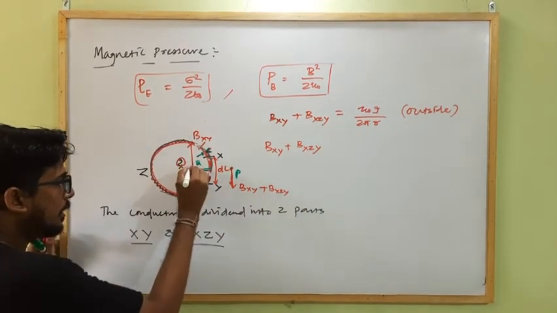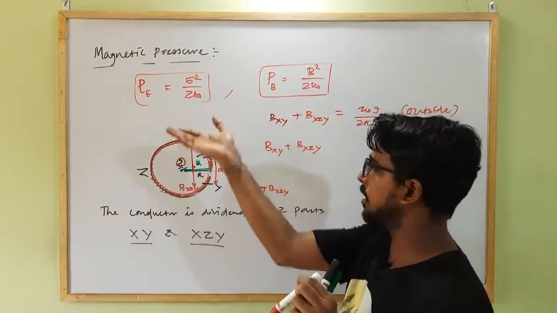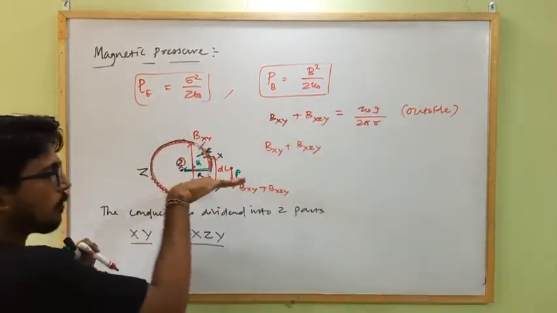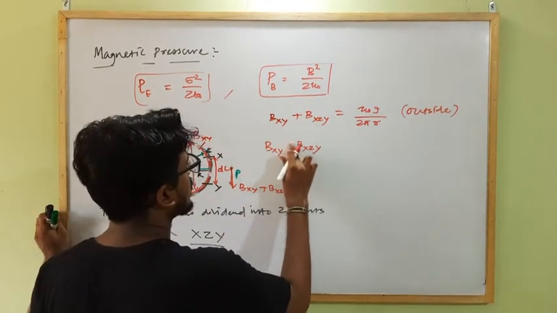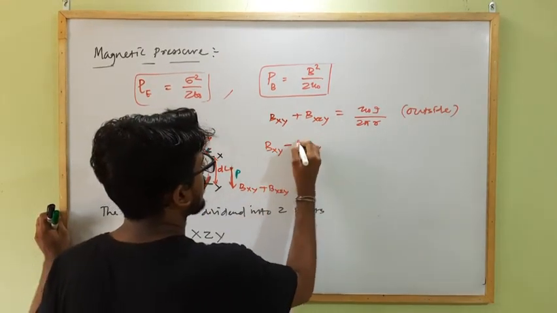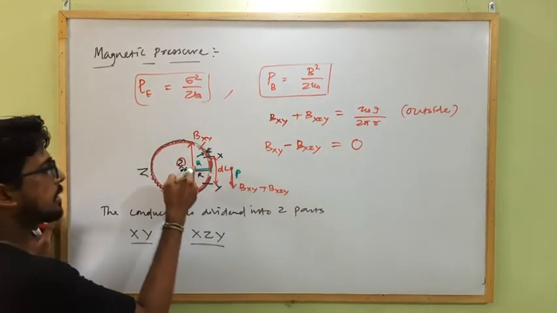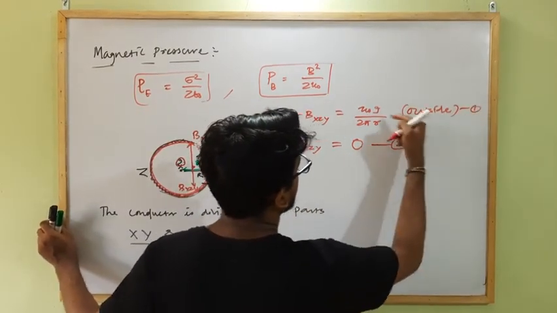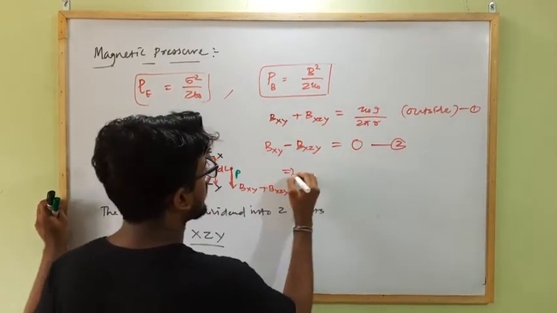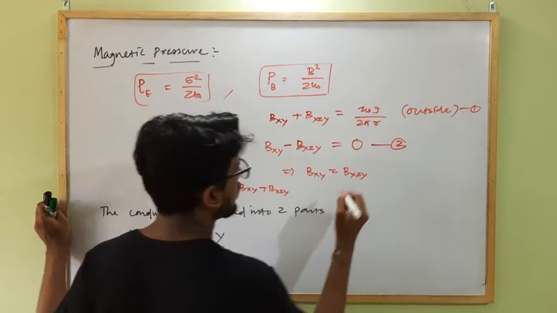Inside, the field due to xy is outward and the field due to xzy is downward, so they are in opposite directions. So B of xy minus B of xzy is totally 0 because the field strength inside is 0. That will be equation 2, and the earlier one is equation 1. From 1 and 2, B of xy equals B of xzy.